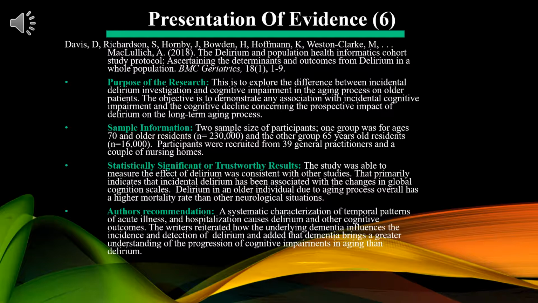Delirium in an older individual due to aging process, overall has a higher mortality rate than other neurological situations. Therefore, the authors recommended a systemic characterization of a temporal pattern of acute illnesses and hospitalization causes delirium and other cognitive outcomes.